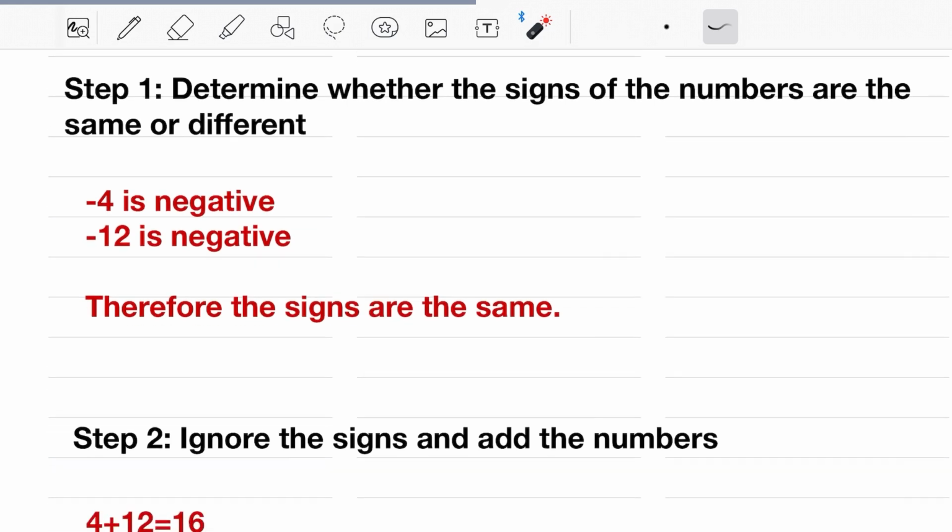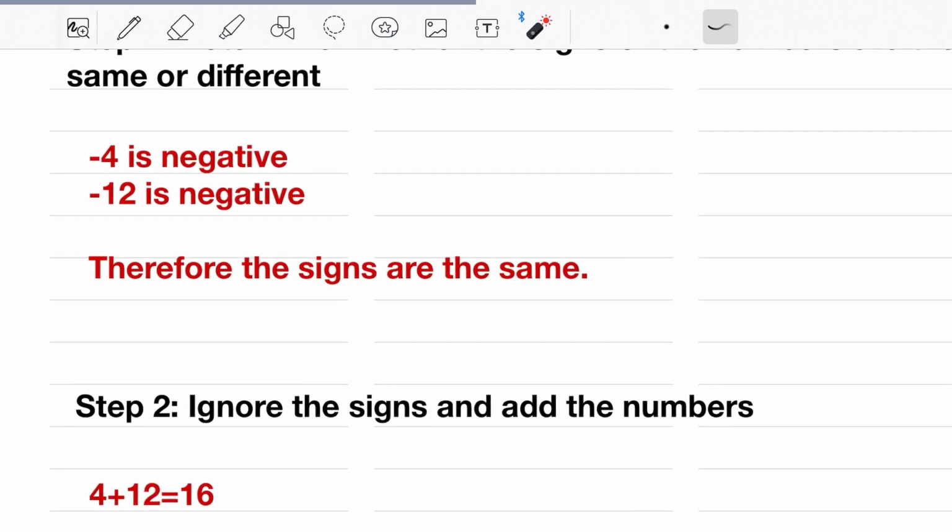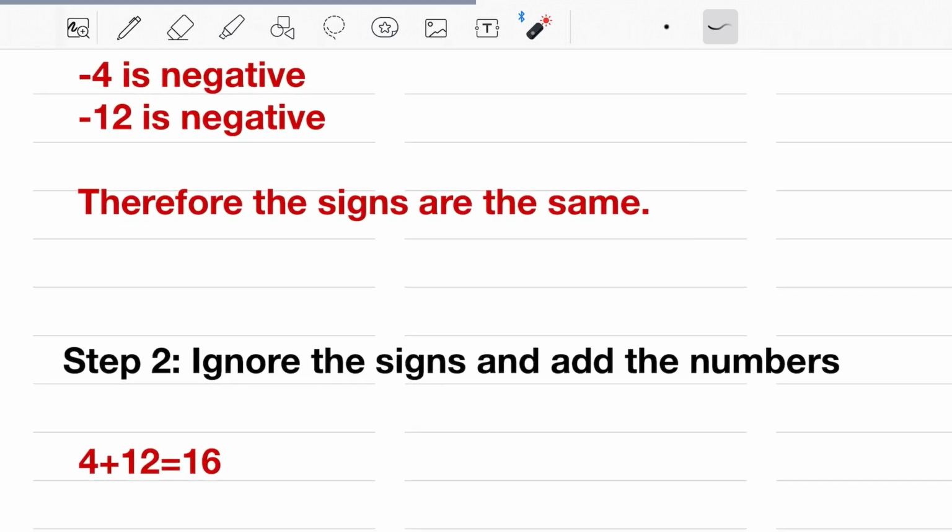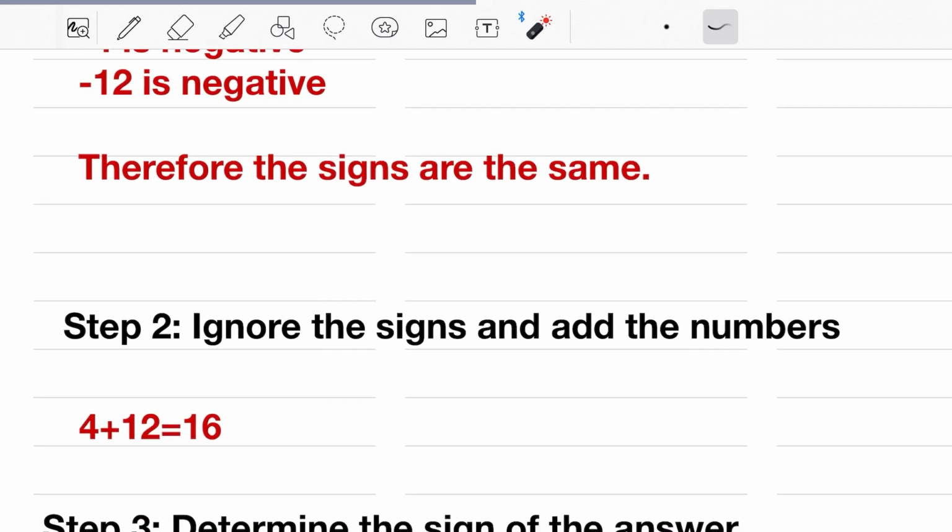If the signs are the same, what we're going to do is ignore the signs. So disregard whatever sign they are and just assume the numbers are positive. Then we add the numbers, so we'll have 4 plus 12, and that's equal to 16. Step 3 now is to figure out what the sign of your answer is.